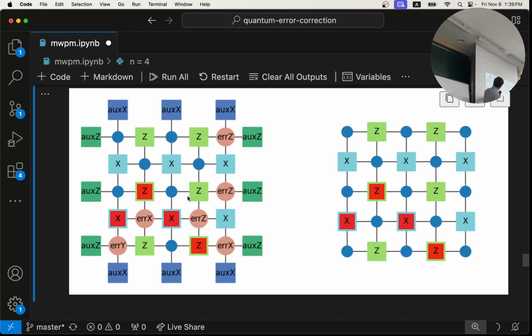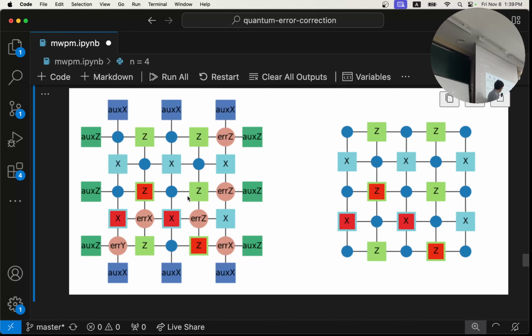And look at this one. Let me explain all the others. Because it's a Y error, there's a Z error, and a Z error can be detected by the X stabilizer, the X syndrome measurement. So the read off at this stabilizer is changed, and we can detect that error.